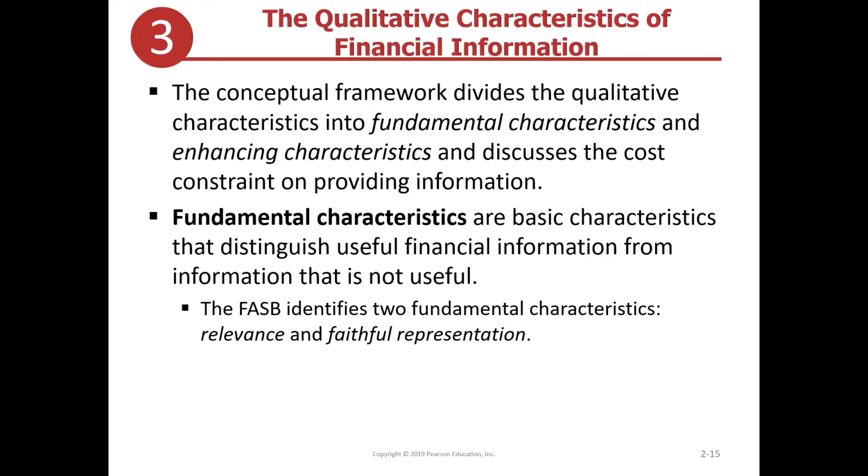The conceptual framework divides the qualitative characteristics into fundamental characteristics and enhancing characteristics, and discusses the cost constraint on providing information. Fundamental characteristics are those basic characteristics that distinguish useful information from information that is not useful.